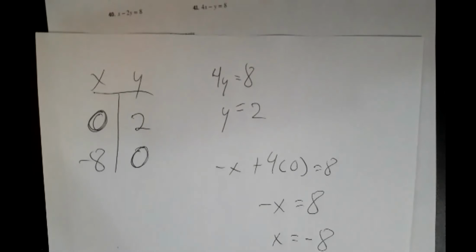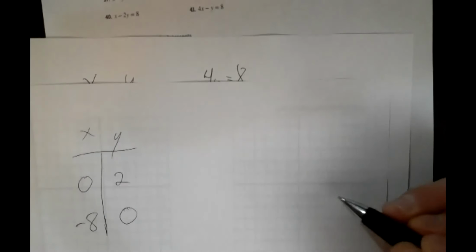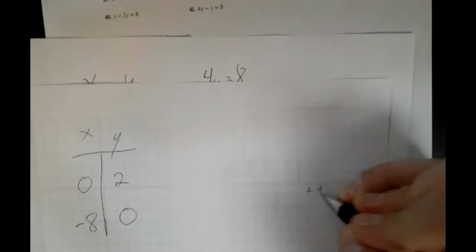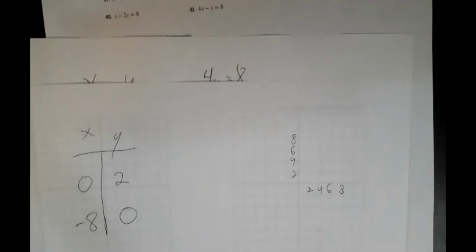And if I want to graph these things, I guess I'll throw my graph up on here. I have to go by 2, so I have to do 2, 4, 8. So 0, 2 should be 0.